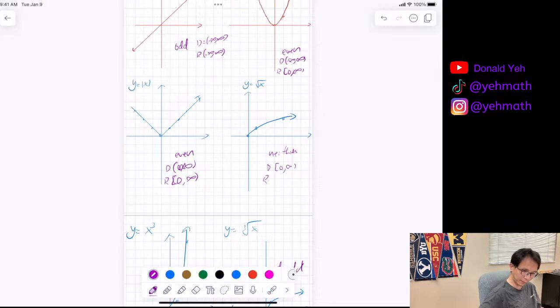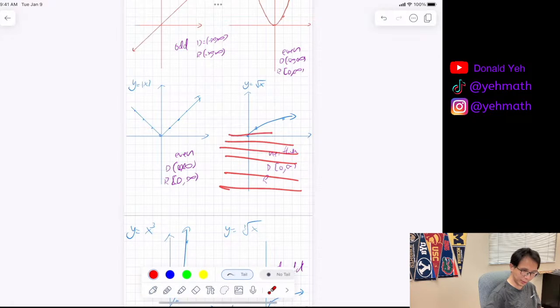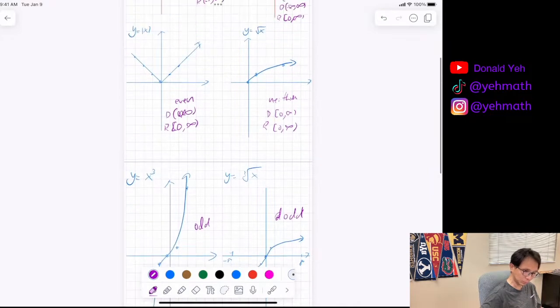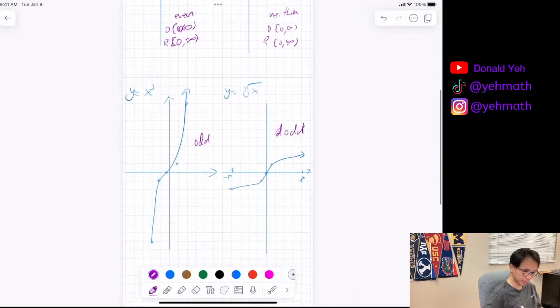There's no intersection until you start scanning, which will start at 0. So you have to know your domain and range. 0 to infinity. This is a good question to know. Yes, it is a bracket. And this one's negative infinity to infinity. Domain negative infinity to infinity is also known as all real numbers.